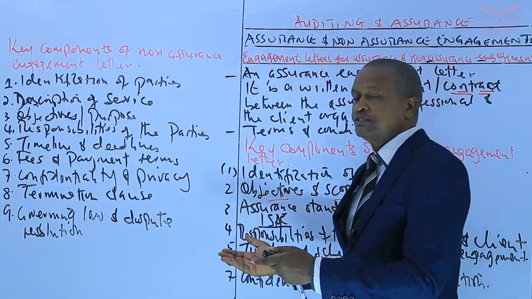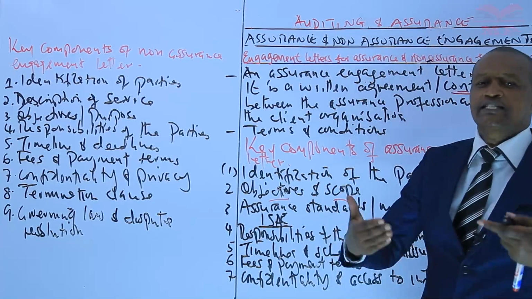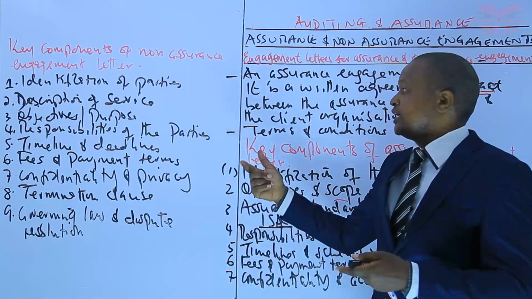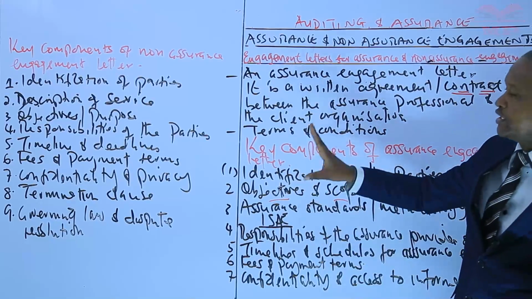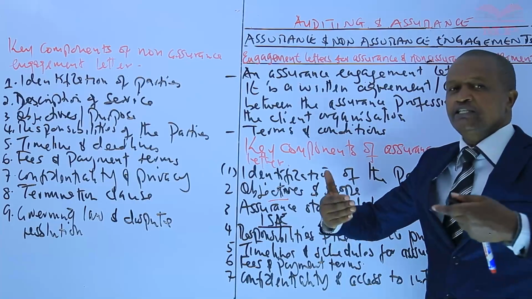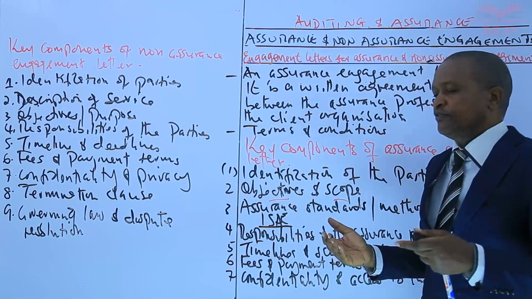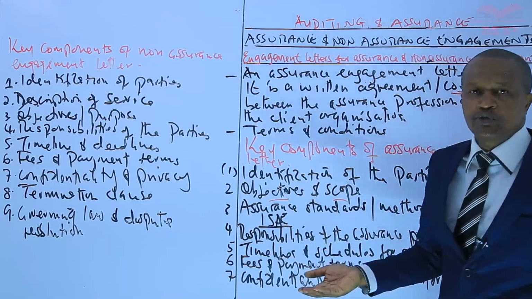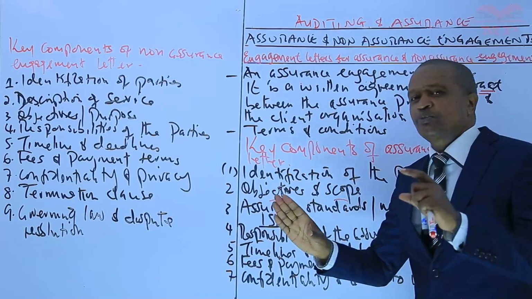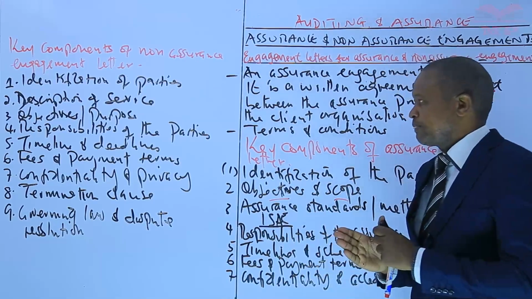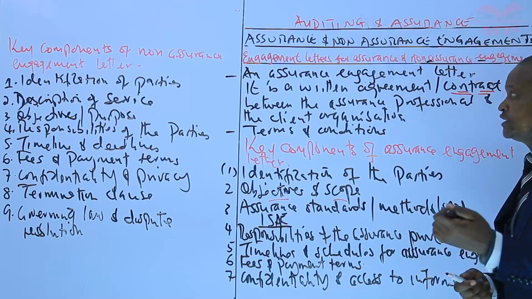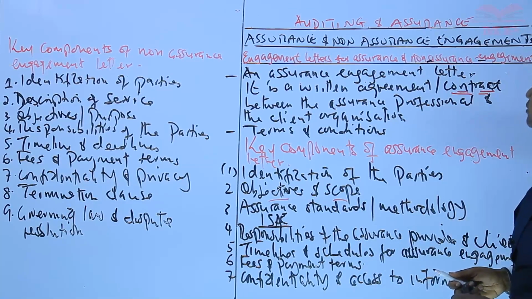This letter also helps establish a clear understanding between the service provider and the client, ensuring that both parties are aligned and have agreed upon the scope, the deliverables, and the associated responsibilities with the engagement.